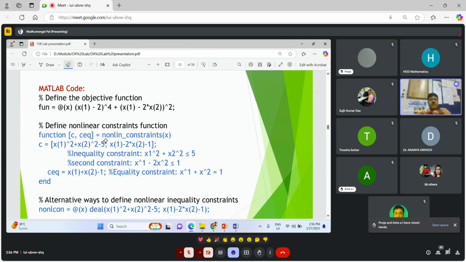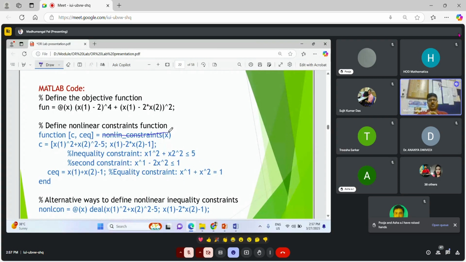Another thing is that there are nonlinear constraints. Because the constraints are there, we have defined a function that name is nonlinear constraint. This is the user defined constraint. Nonlinear constraint means user defined. You may change this to another name.